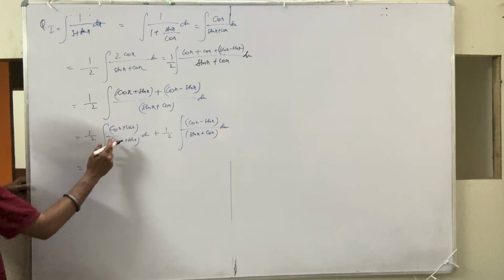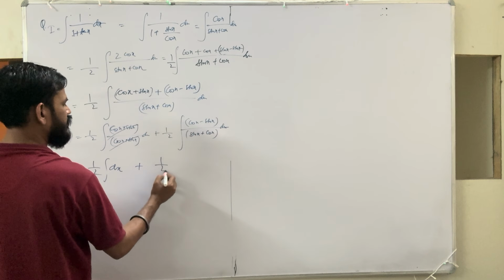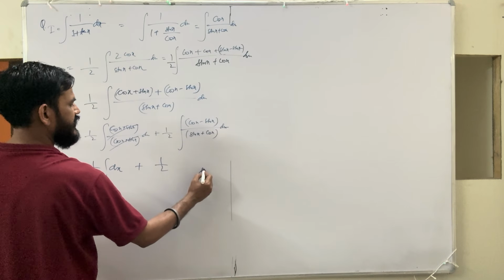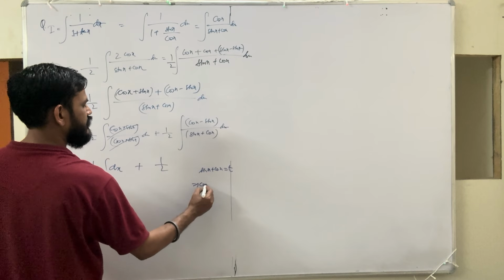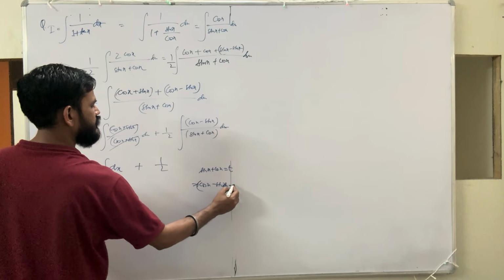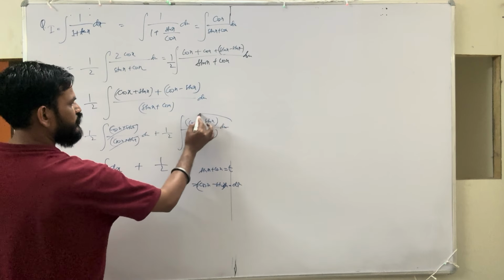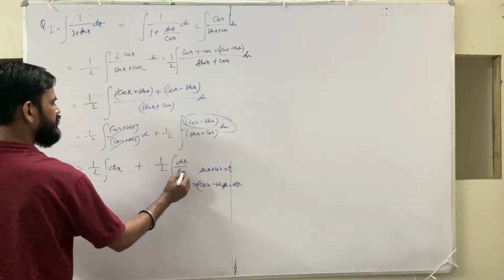Now it will get cancelled, we'll be left with dx, and then half of, if you take sin x plus cos x equal to t, it will be cos x minus sin x dx equal to dt. So this portion will become dt, so it will be dt by t.